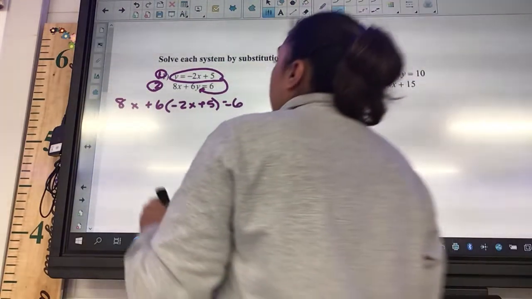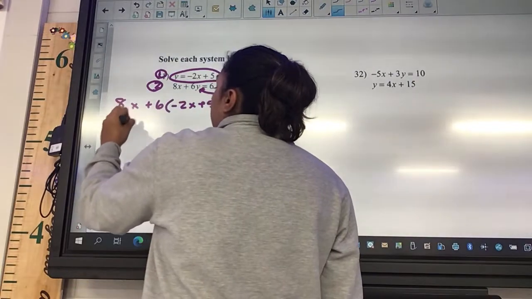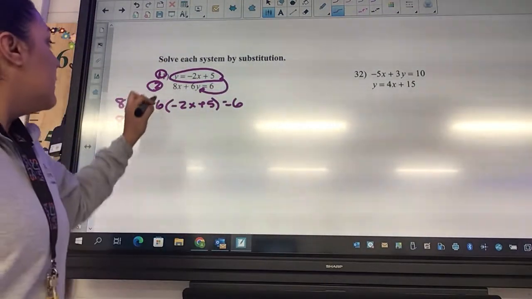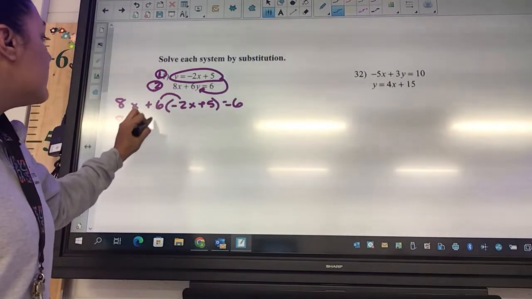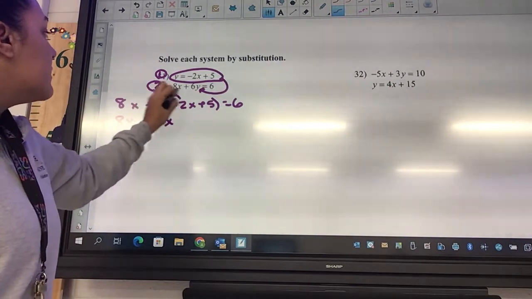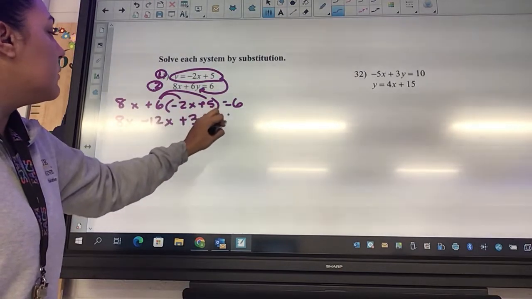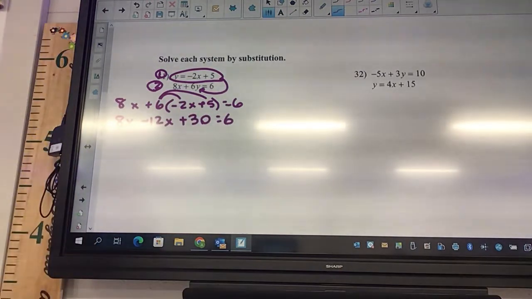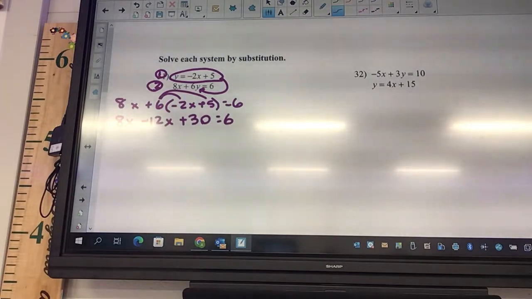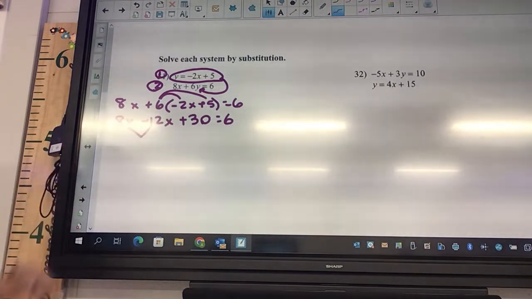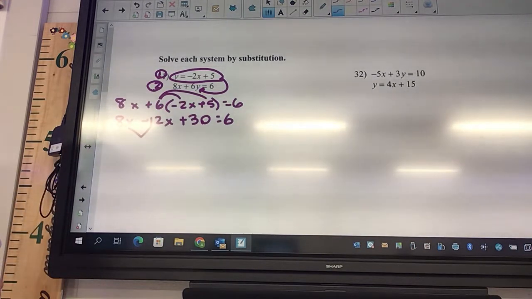Okay, and then we're gonna do what? Yeah. Okay, so 6 times negative 2 is negative 12x. 6 times 5 is 30 equals 6. Okay, and then we're gonna combine 8 minus 12.